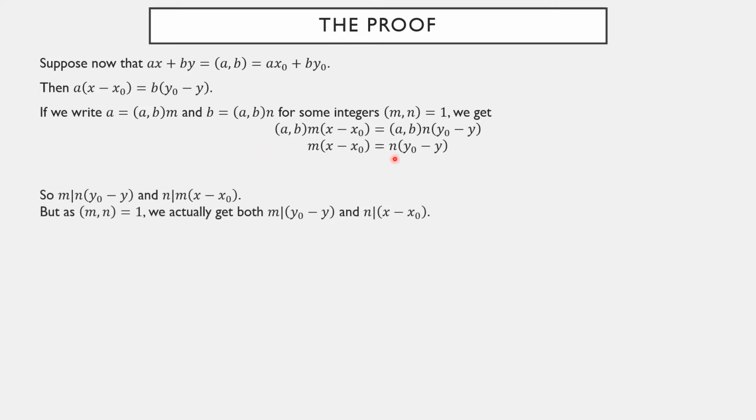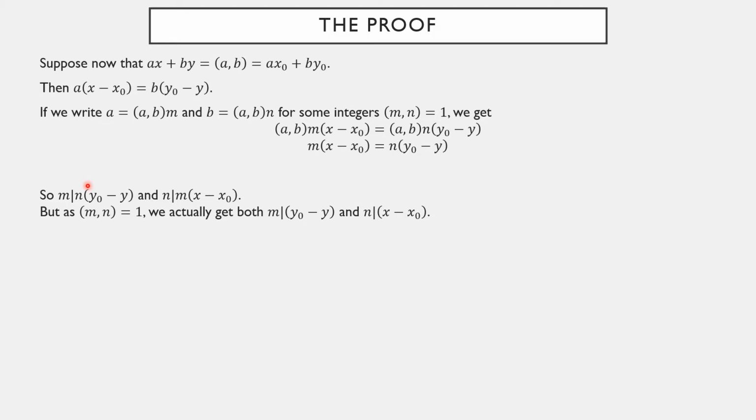But observe, these two numbers are equal. m is definitely a factor of the number on the left, and since it's the same number as this right, then m must be a factor of n times y naught minus y. And similarly, n is definitely a factor of this thing, which is the same number as this, so n must be a factor of m times x minus x naught. But those two numbers, m and n, were relatively prime.